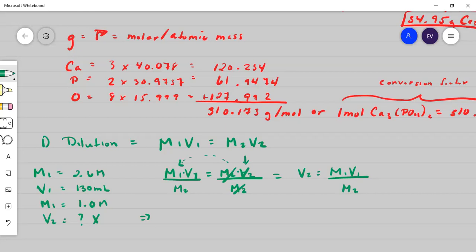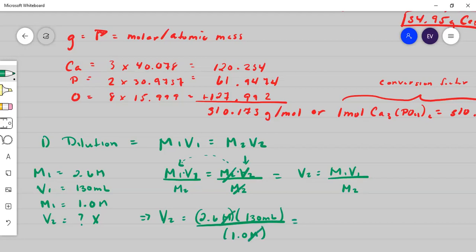Now that I have my formula, all I have to do is plug everything in. My M1 is 2.6 molar. My V1 is 130 mLs. And my final concentration is 1.0 molar. When I do this, my molarity units cancel.